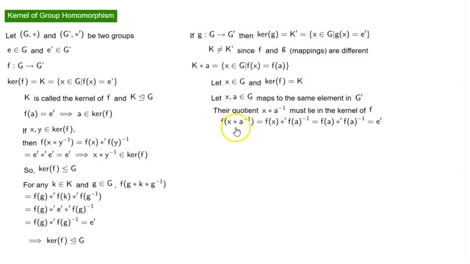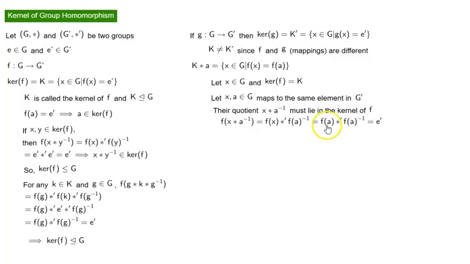How? f of x times a inverse is equal to f of x times f of a inverse, which is equal to f of a times f of a inverse, because f of x is equal to f of a.